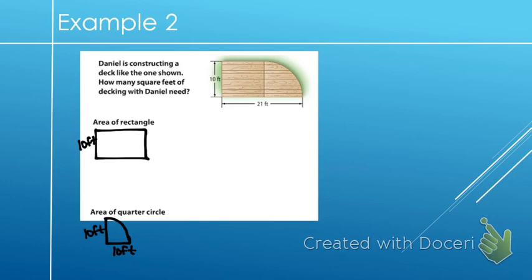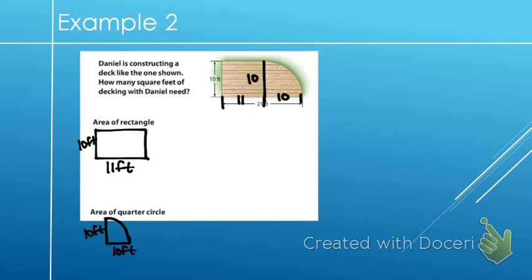So that means that from here to here, we have 10 feet. We already know that that part is 10 feet. So if the whole thing's 21 feet, that means whatever's left over from here to here is our 11 feet. So that's where I get the 11 from. So that means I know my length is 11 feet.